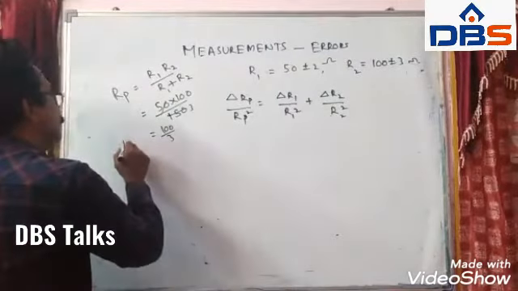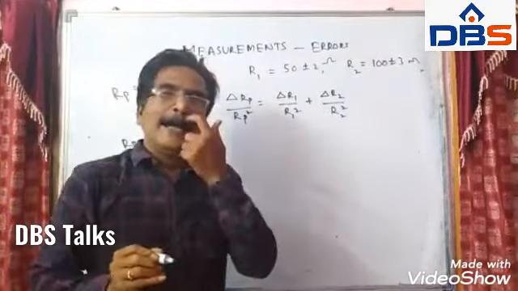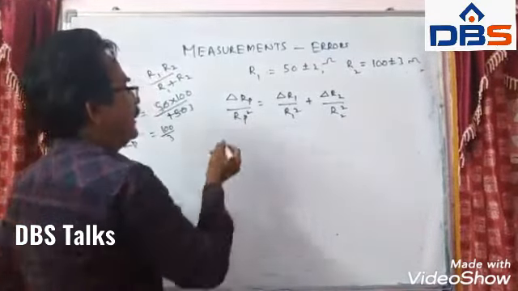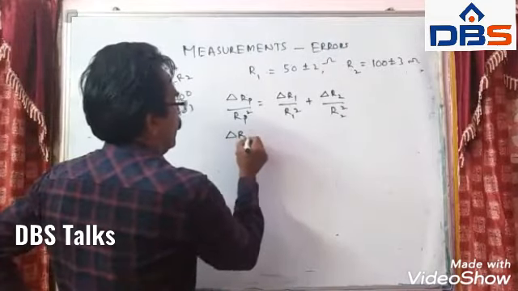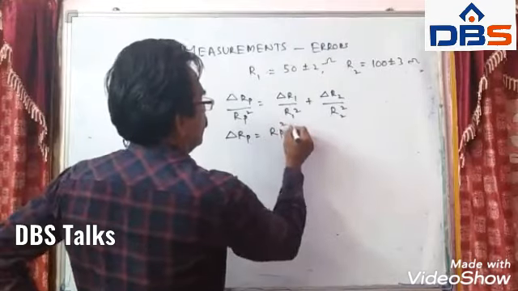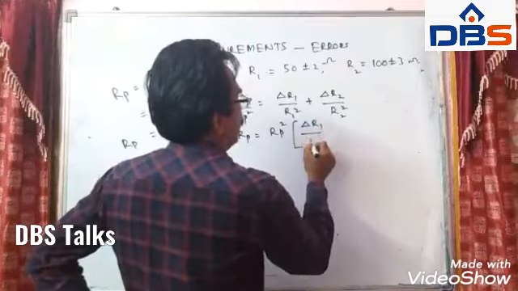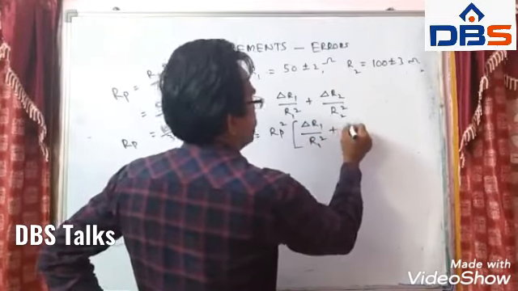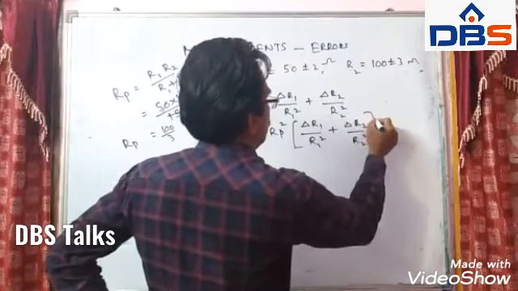RP is equal to 100 by 3. And then let us find delta RP. Delta RP is equal to RP square into delta R1 by R1 square plus delta R2 by R2 square.